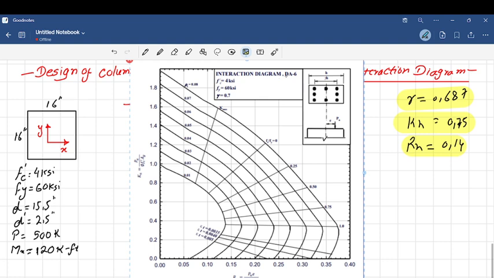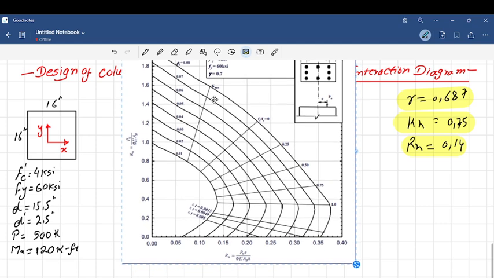For simplicity and just to show how we are using the interaction diagram, we are going to use the closest interaction diagram to this value. So it is 0.7, and you can see f'c, which is 4 ksi, and fy equals 60 ksi. We have got the two values, which are the Kn or n.